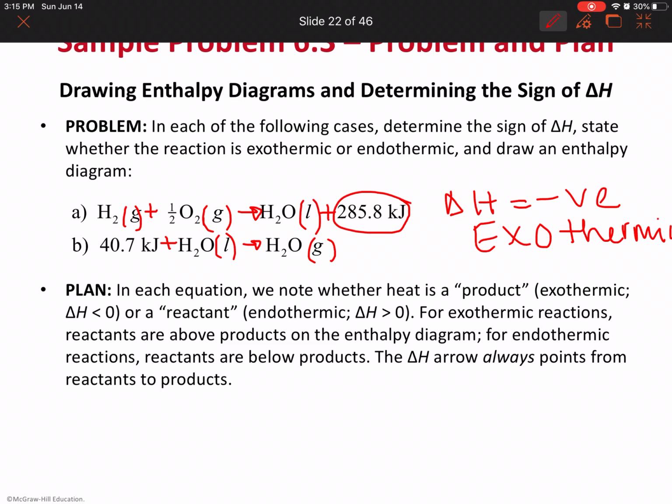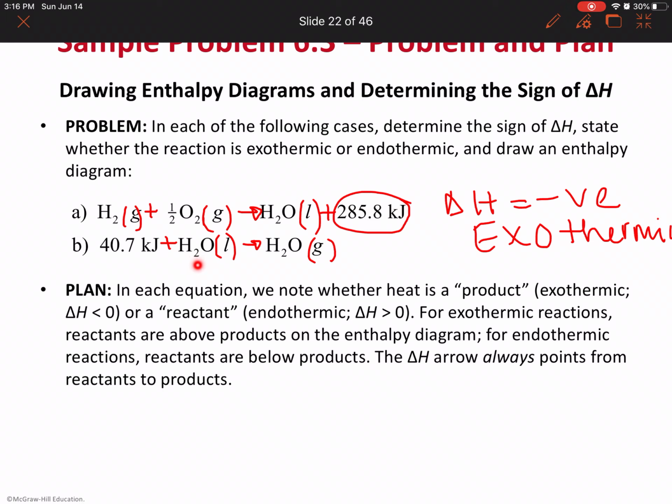So what about the second one, B? For B, liquid water becoming gaseous water. Do you find the heat on the reactant side or the product side? Heat is a reactant, meaning for this reaction to take place, heat is being absorbed. If the heat is being absorbed, what is the sign of the delta H?